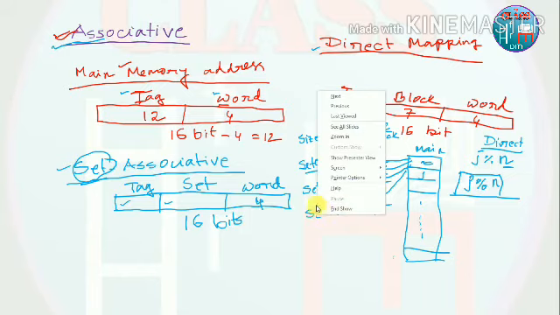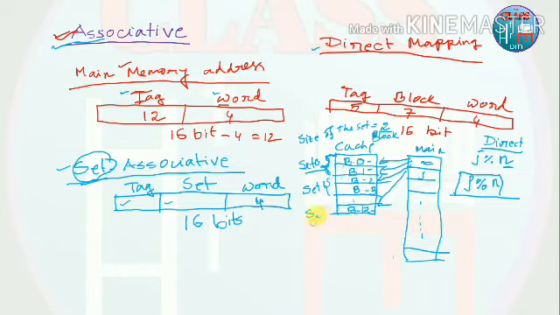Now if a set consists of 2 blocks, tell me what will be the total number of sets in this scenario. The total number of sets will be 128 divided by 2, that means 64. Total number of sets equals 64.